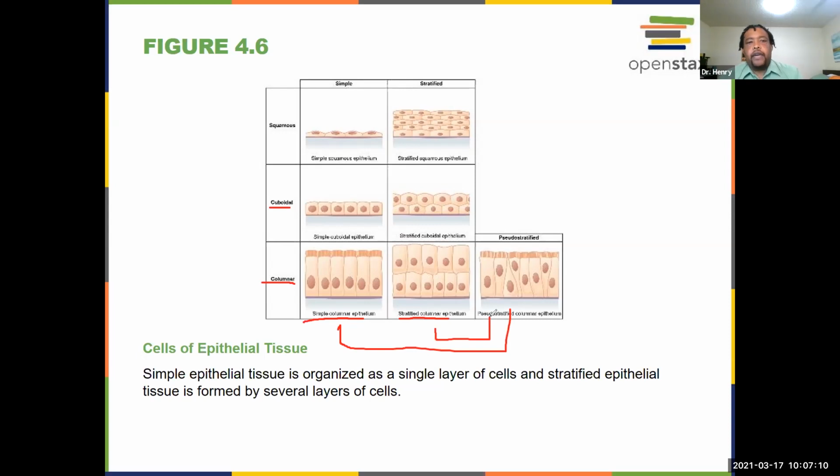Okay, so now if all of the epithelial tissue comes from the same lineage, the same originating cells, how do we differentiate between the two? Anybody want to take a guess?